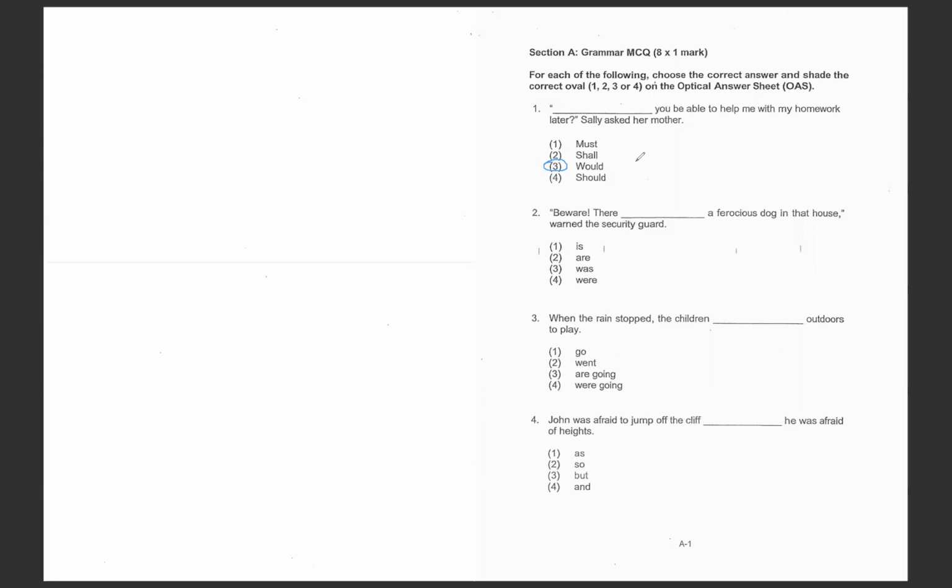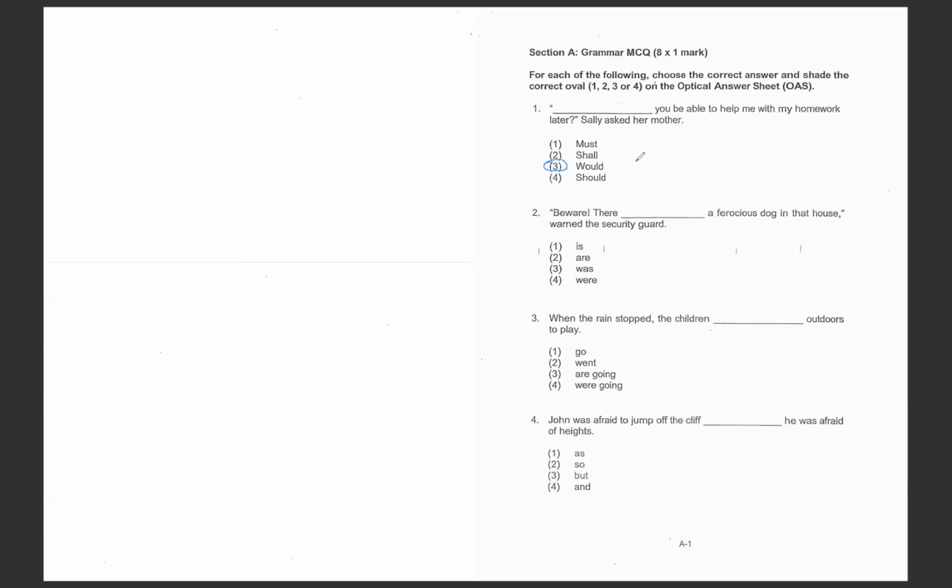Shall is normally used with the first person pronoun. So you say shall I, shall we. You do not use shall you. Now should, in this case, is should you.